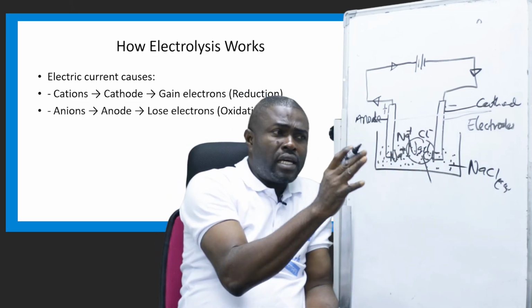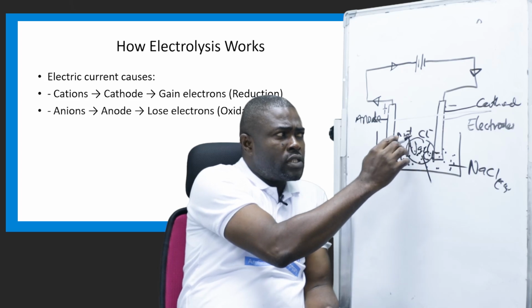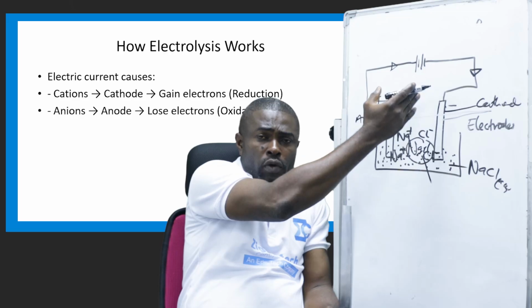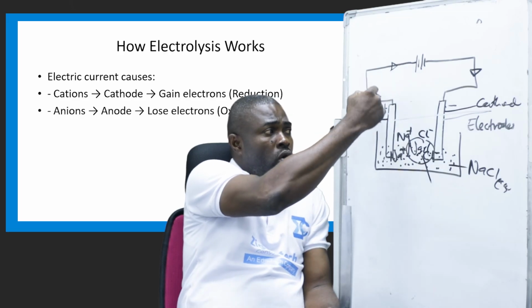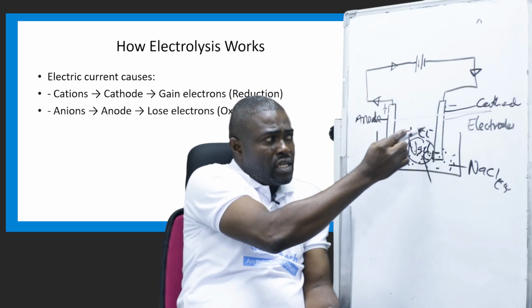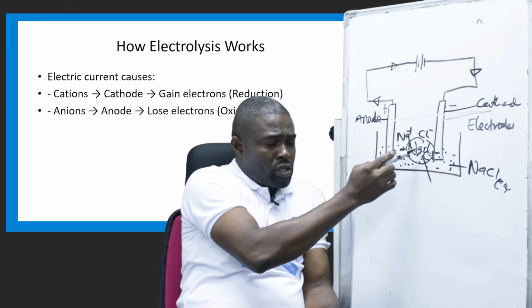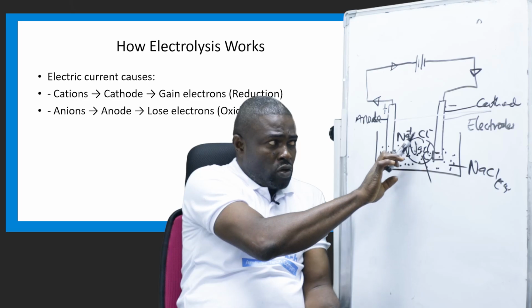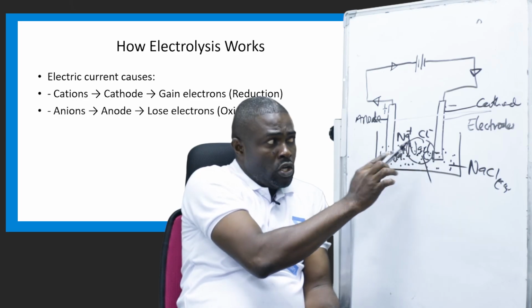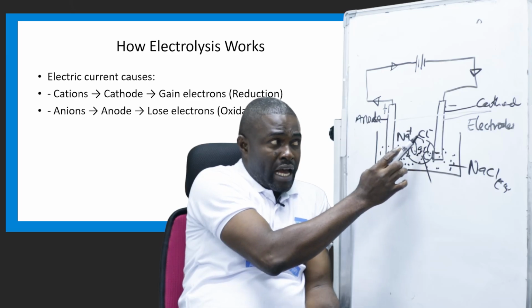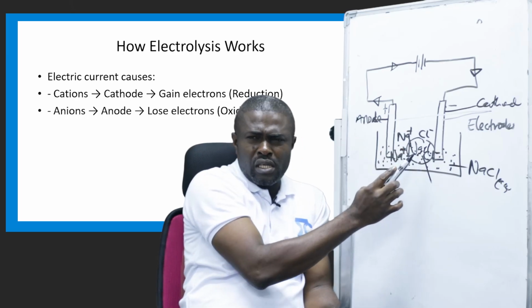Now, I said there are two ions here. Imagine this setup, you have this setup and current starts passing through, enters inside here where we have sodium chloride. The sodium chloride, because it is in aqueous state, the ions are already mobile, right? So I have sodium ion, which is part of it, and I have chloride ion. So which one is positive?